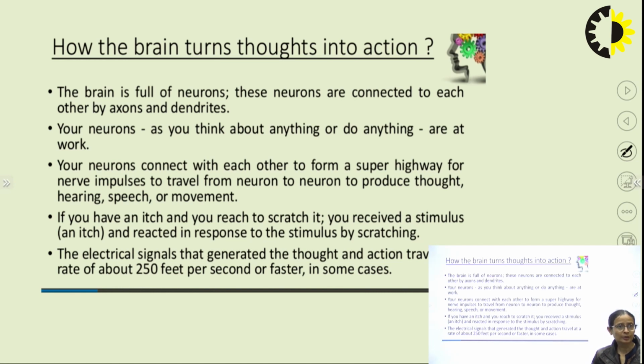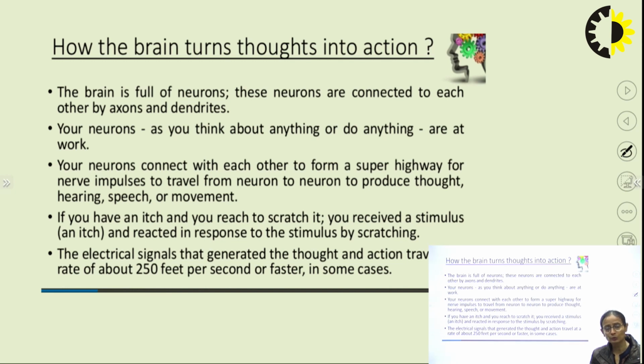So how does the brain turn thoughts into action? That is actually human brain functioning. We are aware that the brain is full of neurons, and these neurons are connected to each other by axons and dendrites. As you think about anything or do anything, your neurons are at work.